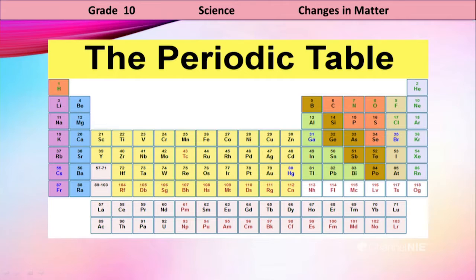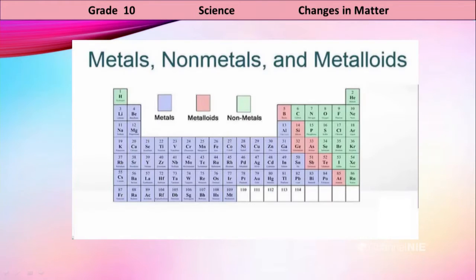By observing the periodic table, we can get much information about the elements. Here, look at this one. The same periodic table, but here I have marked the elements as metals, metalloids and non-metals. That means we can classify the elements according to their different properties.